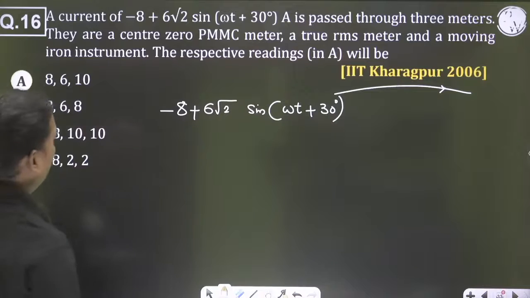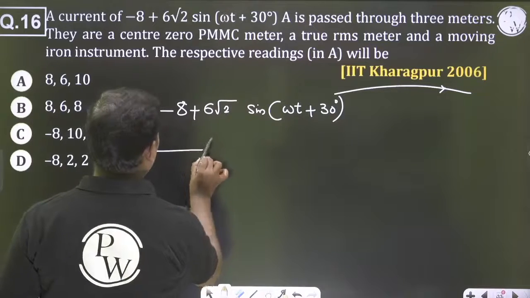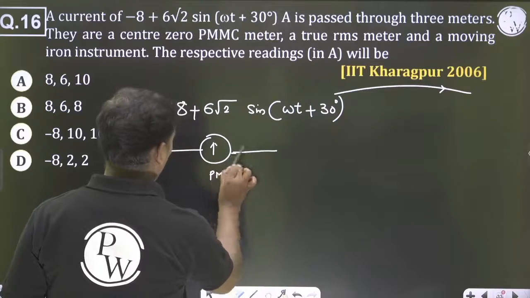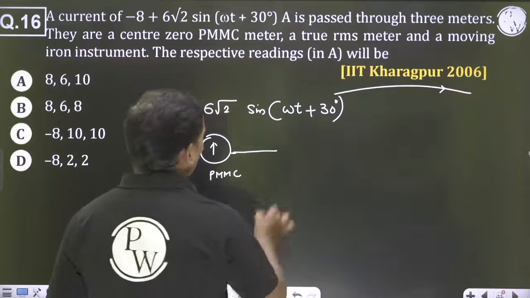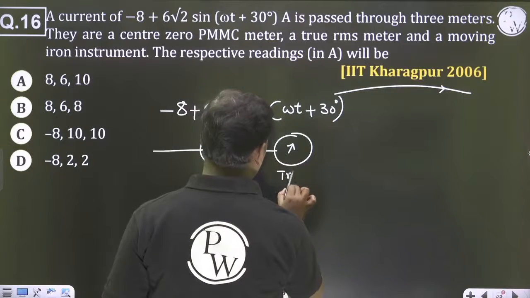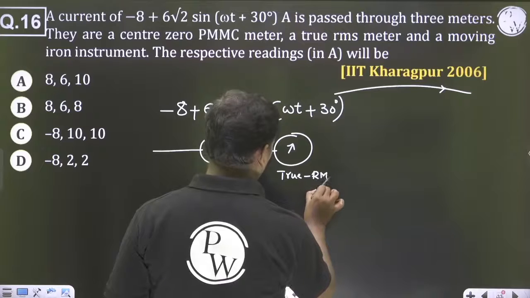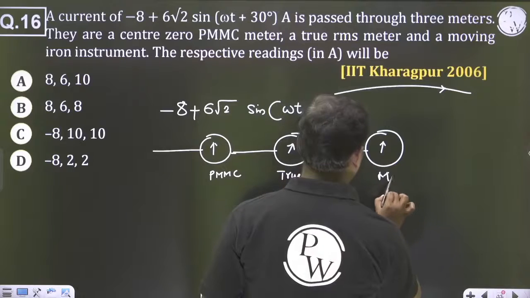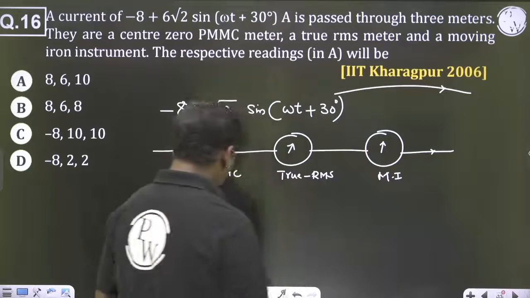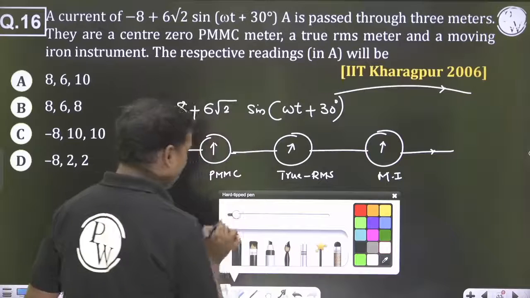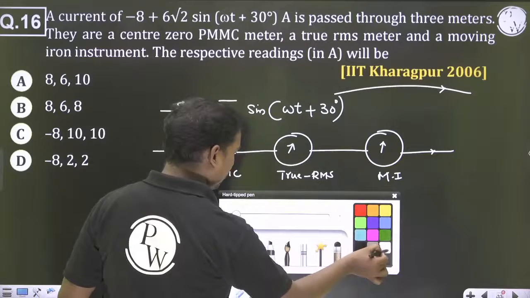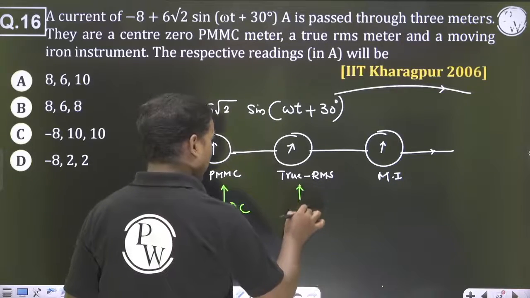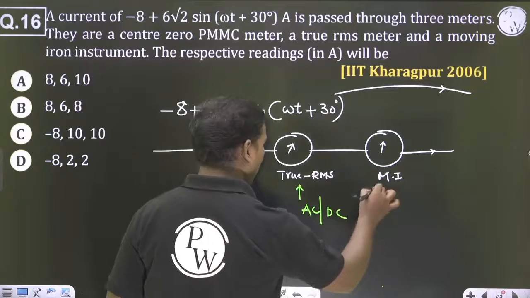One is a center zero PMMC, another is a true RMS meter, and another one is a moving iron instrument. If you see one point here, this will measure the DC, this will measure the AC as well as the DC, and this will measure the AC.